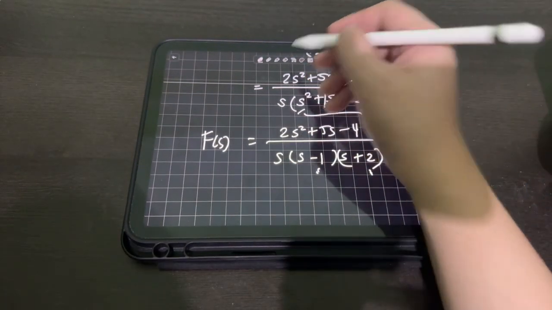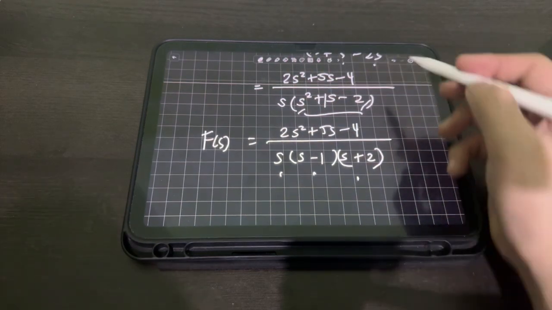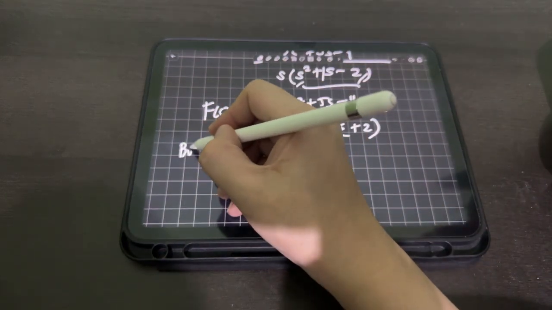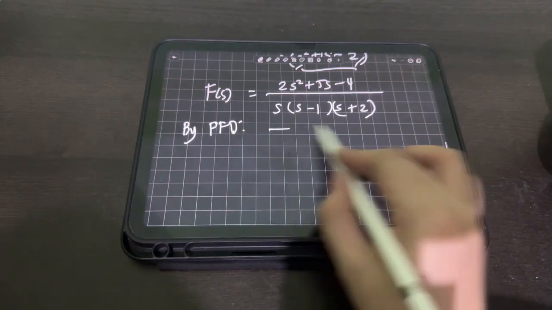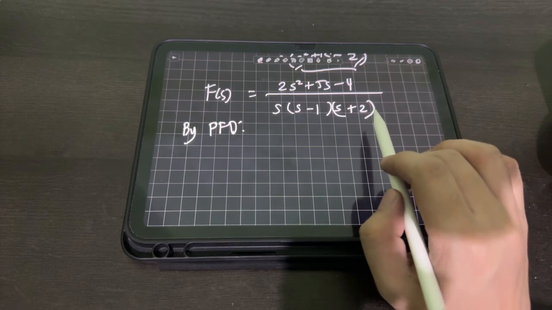So since we have three linear factors in the denominator, we can apply partial fraction decomposition. By partial fraction decomposition, again, it's case 1 because we have linear factors only that are not repeating.